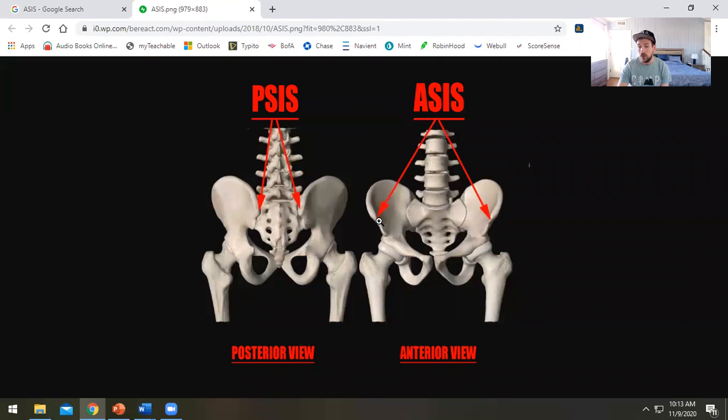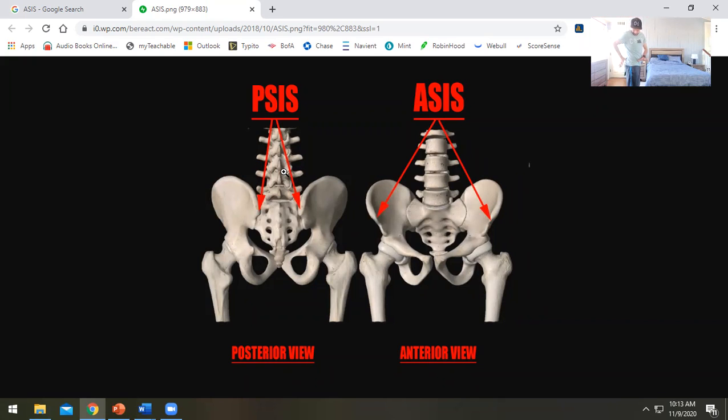And you've also got one on the back of your body called your PSIS, on either side of your sacrum. You can feel those two. I put one thumb on my ASIS and the other on my PSIS, right?